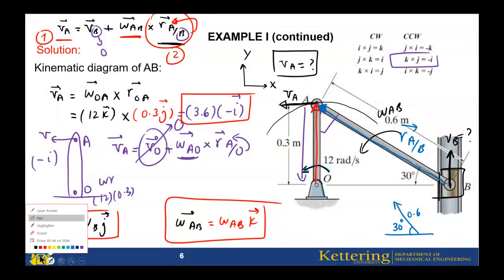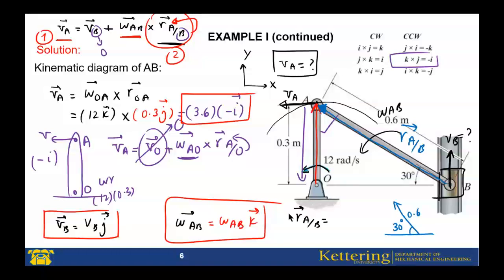Now, if I want to write RA with respect to B, how can I write this vector? The length of this vector is 0.6. The angle with the horizontal is 30 degrees.